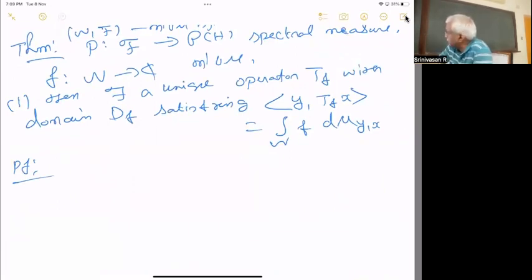So all we have to prove is that it's a bounded linear functional. This is in y, not x. Y going to this, which one is linear?